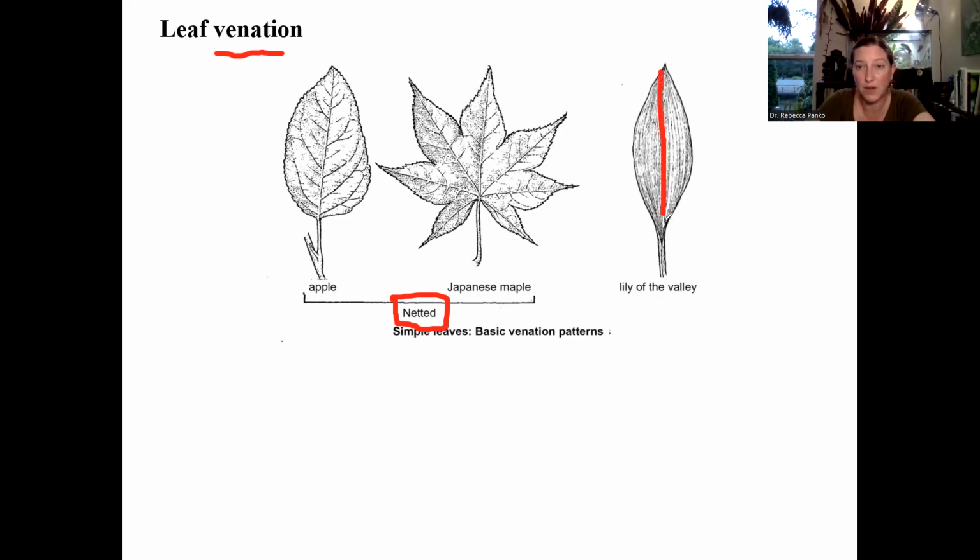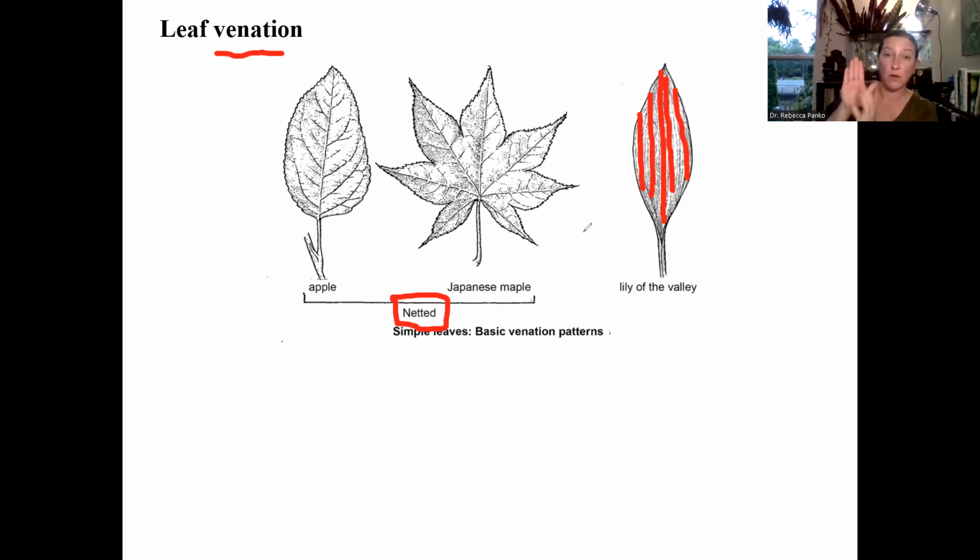So look, parallel venation means all the veins run parallel to each other. So for example, if I put my fingers like this, my fingers are running parallel to each other. So parallel venation, right?